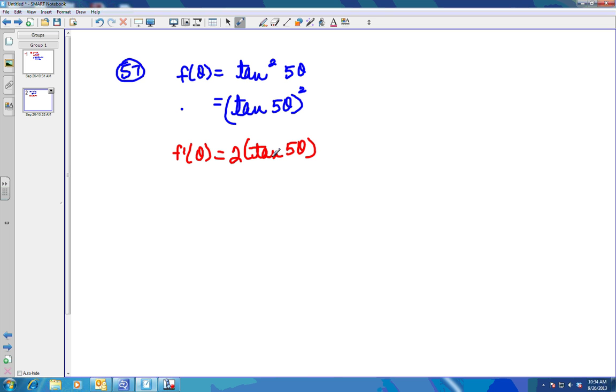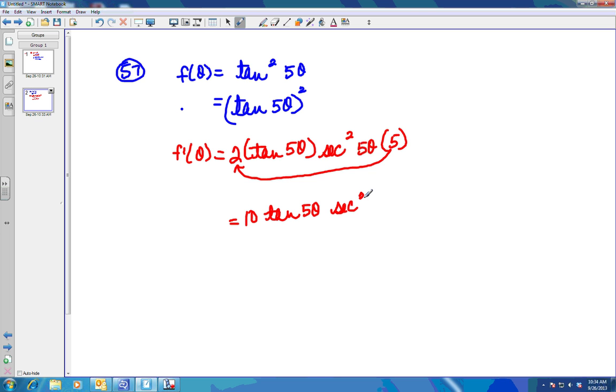The derivative of tangent is secant squared of 5 theta times the derivative of your 5 theta, which is 5. And remember, theta just replaces your x. So the only thing that I would want you to do after that is bring this 5 out to the front of what it's being multiplied by. So my final answer would be this: 10 tangent 5 theta times secant squared 5 theta.